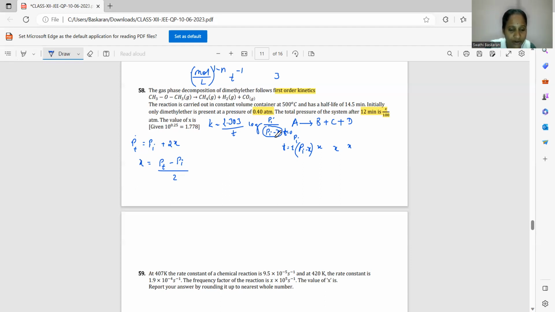Now what we shall do is take up the first order kinetic equation and try to solve it. So let us segregate this information.